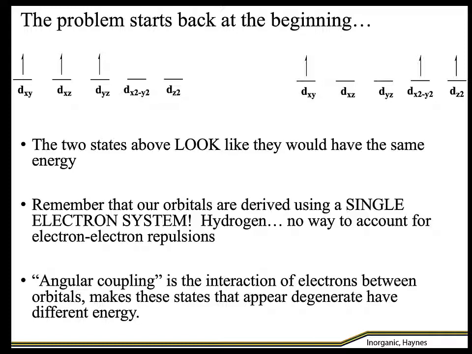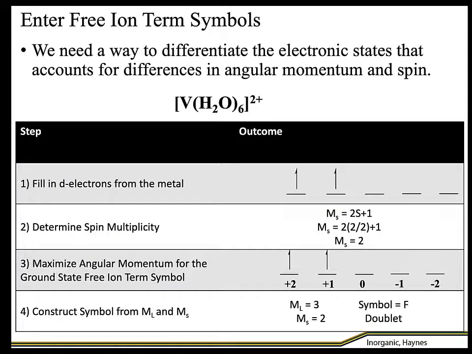And so in order to dig into this a little bit deeper, we have to have a method of describing these different electronic states of our metal itself, right? So just looking at these 5 d orbitals, if we're going to say these are different states, we need to describe them differently. And so here comes our good friend free ion term symbols.